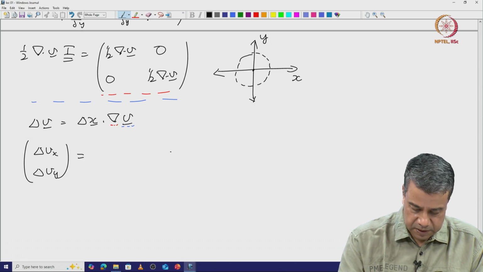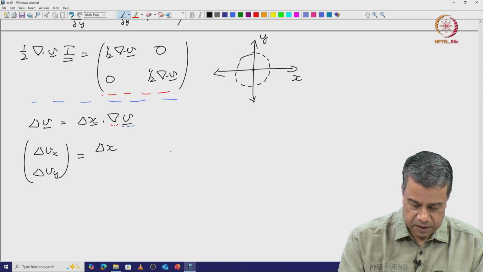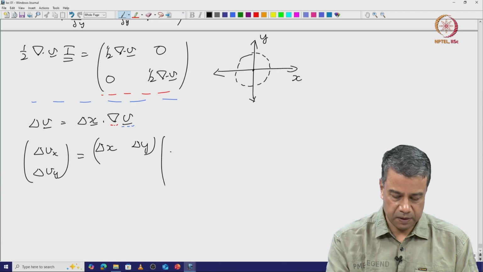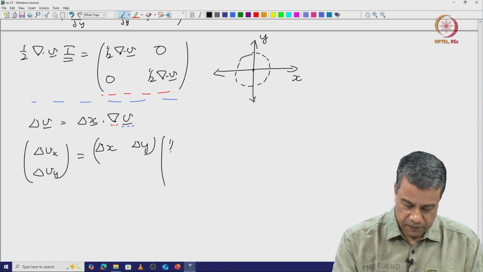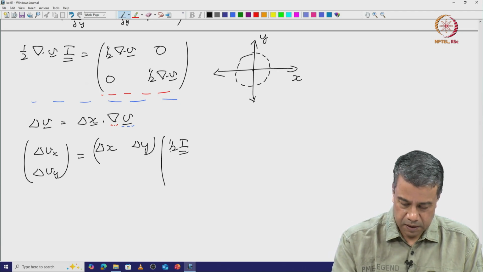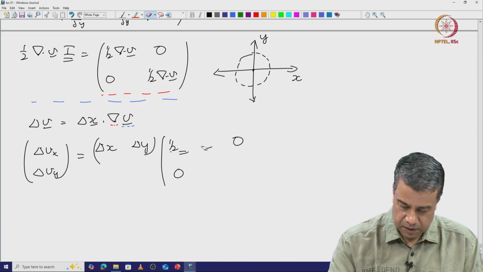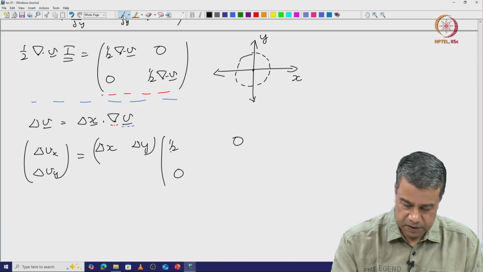So, this is going to be delta x and delta y. This is the delta x vector, delta x and delta y, dotted with half del dot V, 0, 0, sorry, there is no I here, the diagonal elements are the divergence of the velocity, the off diagonal elements are 0.